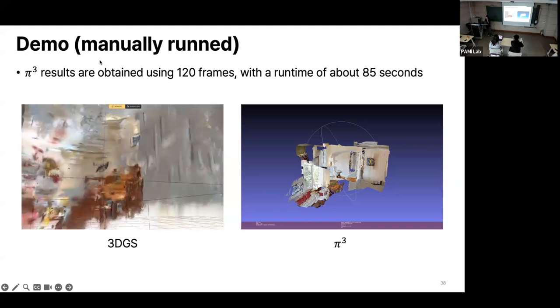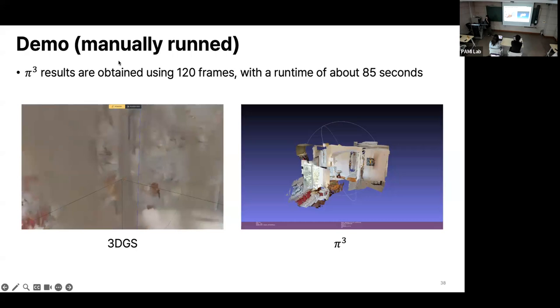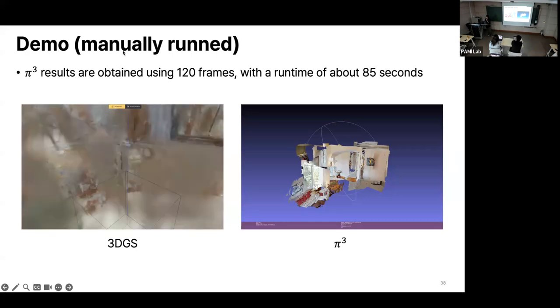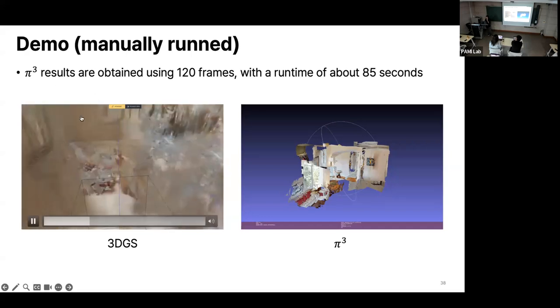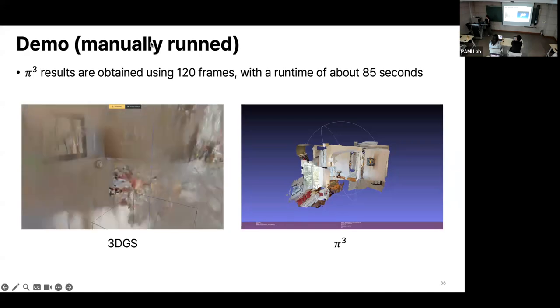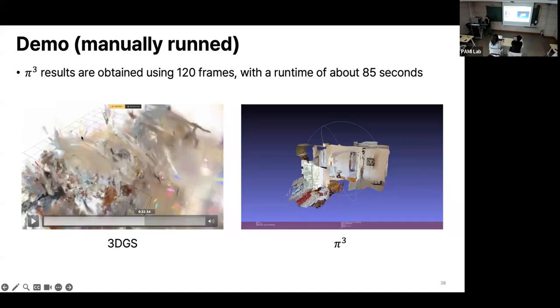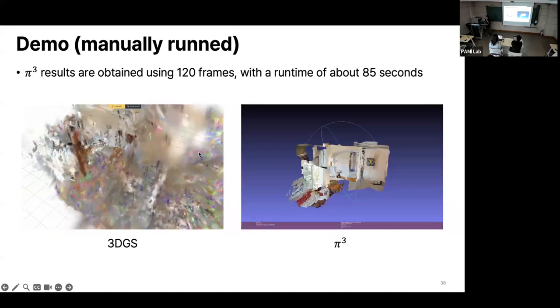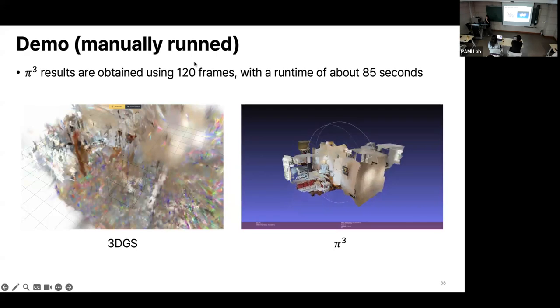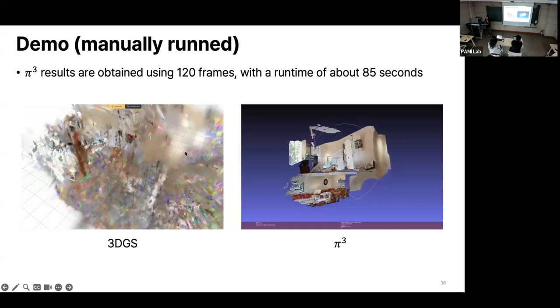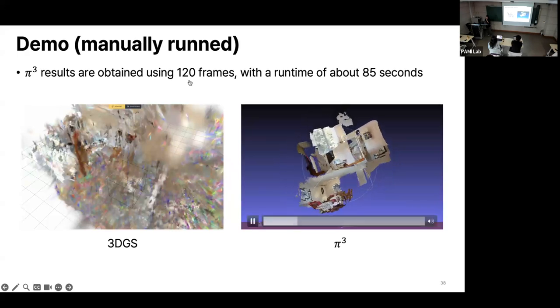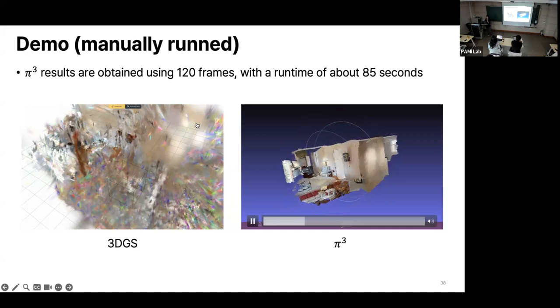I tested with 120 frames, and it is not a dense view because this scene is very wide and a multi-floor dataset, so the reconstruction quality is really poor. I also tested the same inference with Pi cube, and the amazing thing is that it takes only 85 seconds to reconstruct this scene, and I think it works really well even with the multi-floor setting.